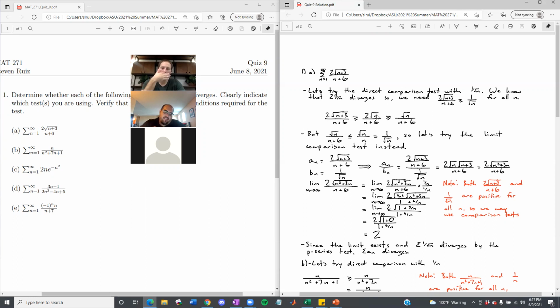I know that removing that 3 from the numerator under the square root will make the series even smaller. I know that cutting it in half will make it even smaller again. But let's say I try to go ahead and plug in my drawing tablet here. The reason that I don't think direct comparison is going to work very well is this.